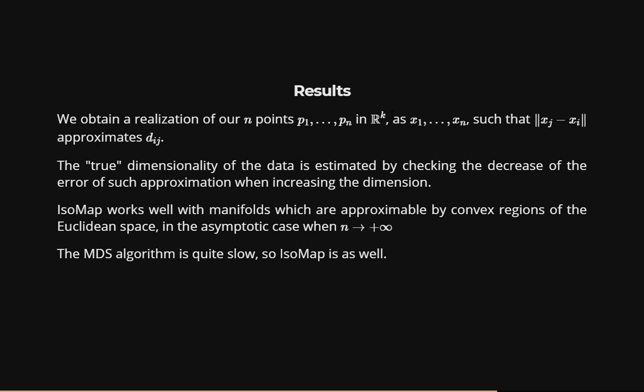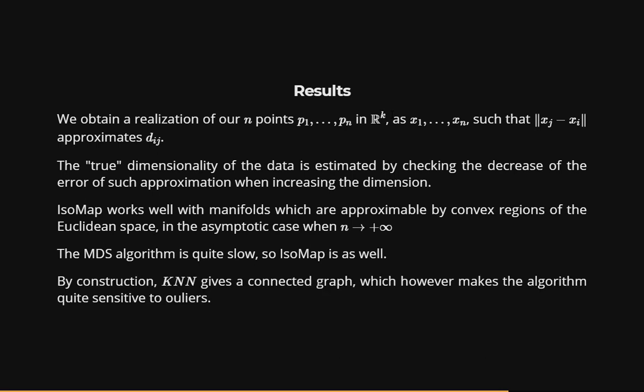So if you want to raise the embedding dimension, you cannot build on what you did before. You have to do everything from the start again. I mean, the graph and the distances are the same, but the multidimensional scaling is not. So it's quite slow and expensive too.